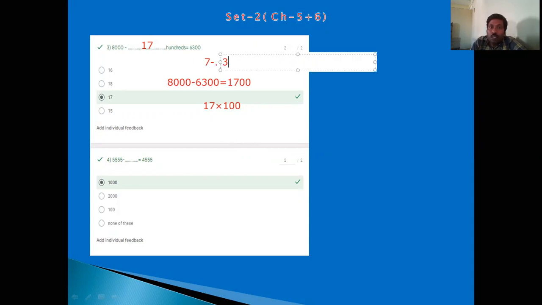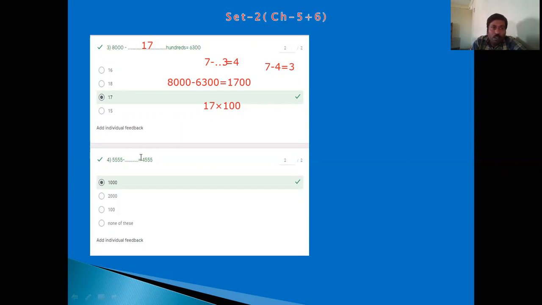Yes, we know, sir, 3. How can we find this number 3? When we subtract 4 from this 7, we get 3. So here is the same situation. We can solve this type of question in this way. But the difference between these two questions is that here the hundreds is given, but the process is the same. We will subtract these numbers from these numbers when the subtract sign is given here.